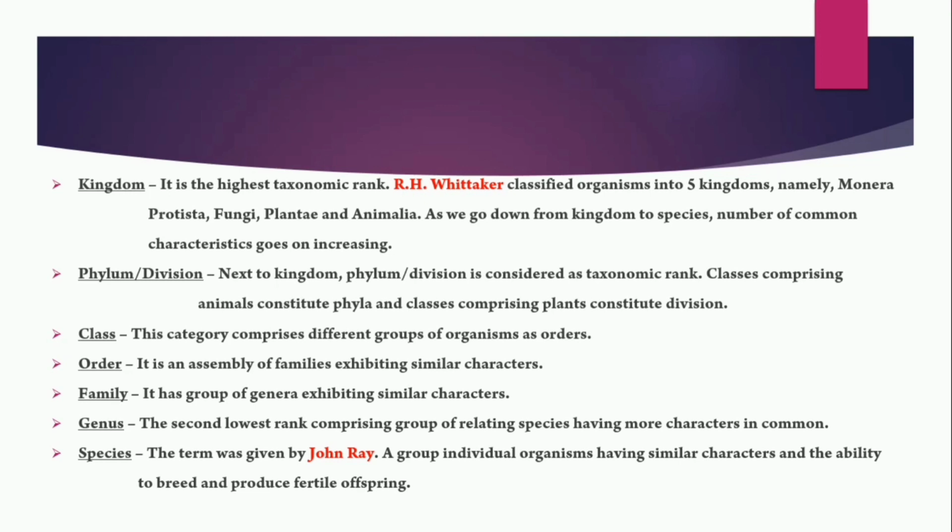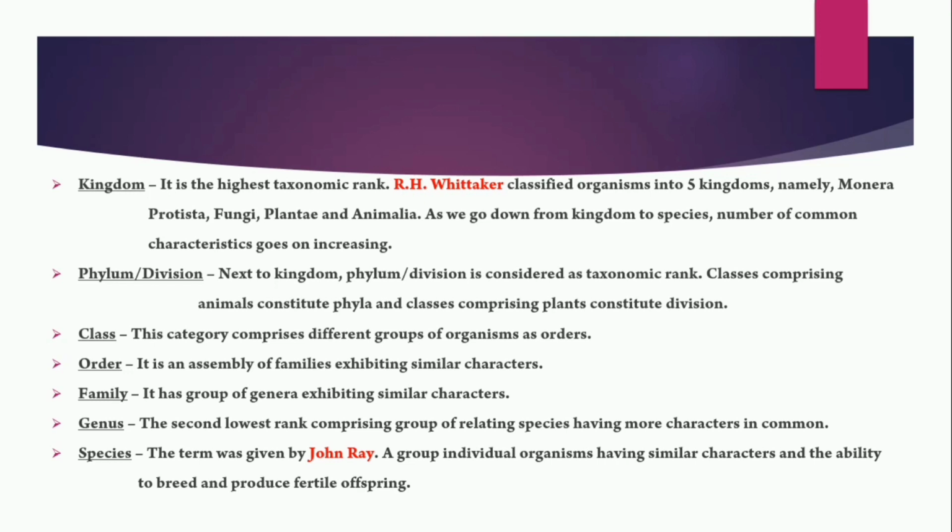Now family, the family is a group which comprises different genera. Order comprises different families. Class comprises different orders. Phylum or division comprises different classes, and kingdom comprises all the phyla. So, kingdom is the highest taxonomic rank and species is the lowest taxonomic rank.